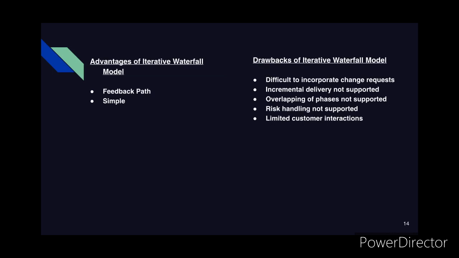So what are the drawbacks of the iterative waterfall model? First, it is very difficult to incorporate change requests. Yes, as it was also a drawback of the classical waterfall model. That means only after the final software development can we incorporate the changes.